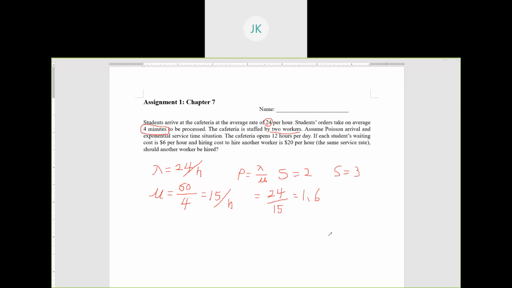So from the chart, find LQ using average utilization and number of servers, when S is 2 and S is 3. Okay, just a moment.